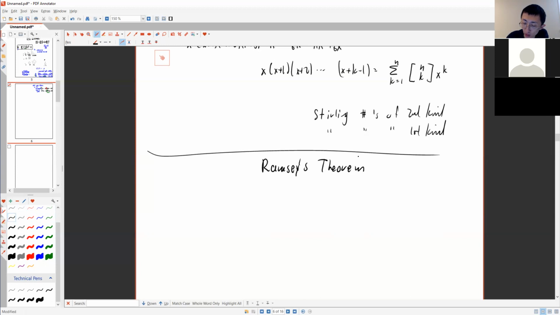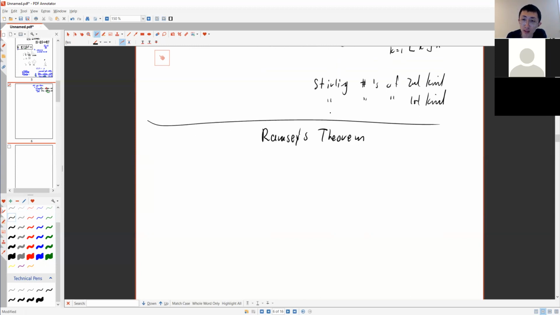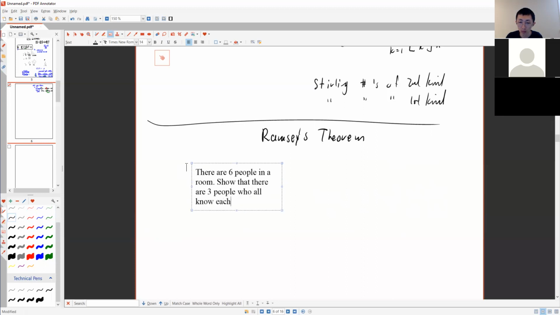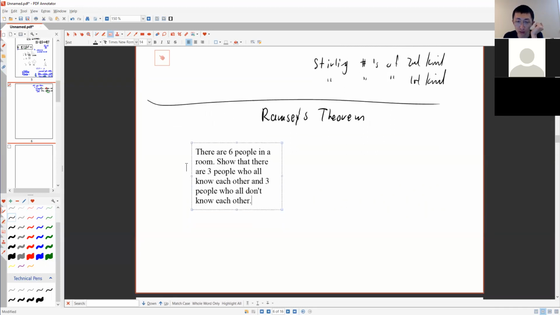So there's a few different versions of this, but maybe the simplest example is, the standard thing is, there are 6 people in a room. And then we'll talk about extensions of this.